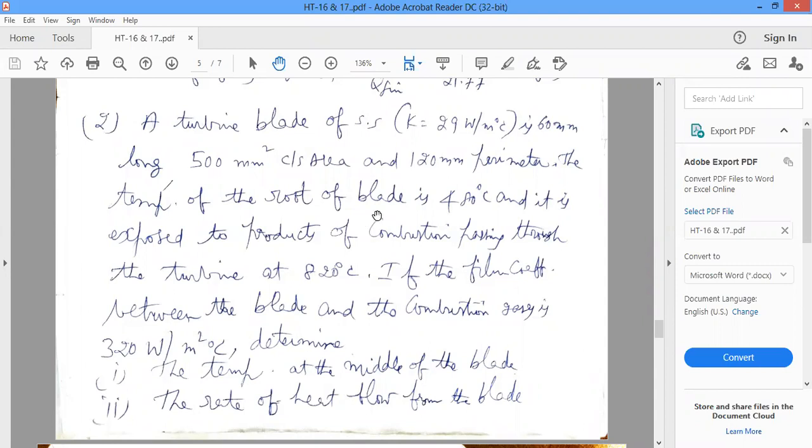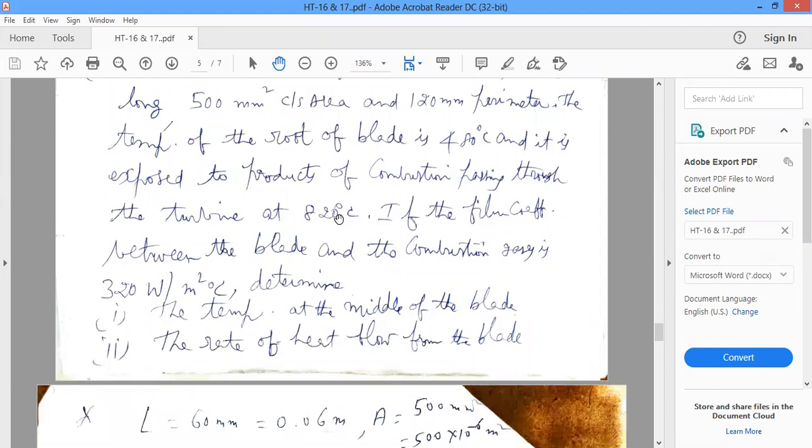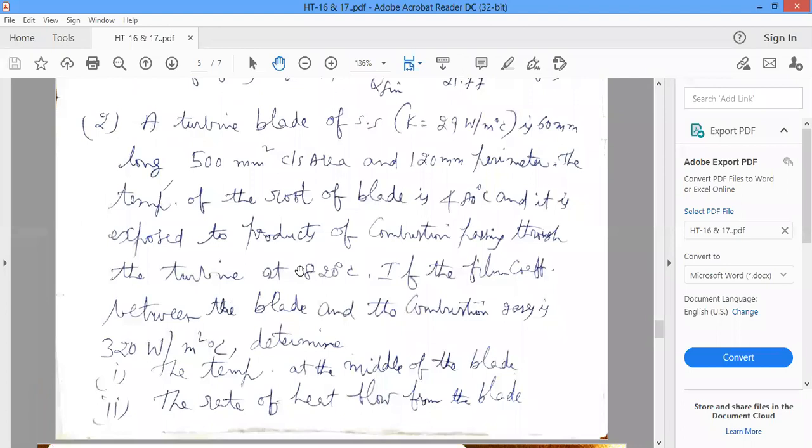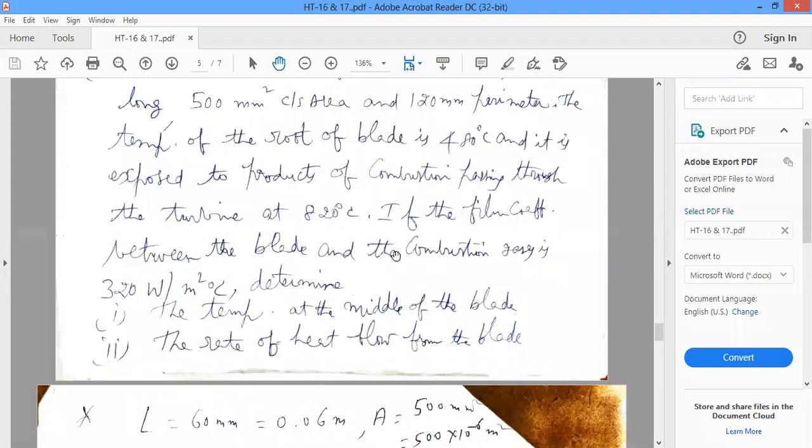The temperature at the base or root T0 is 480 degrees centigrade, and the turbine blade is exposed to products of combustion passing through the turbine at 820 degrees centigrade. That's why the T free stream value is 820 degrees centigrade. Heat transfers from the blade to the outside gases at 820 degrees centigrade, and the film coefficient between the blade and the combustion gases is 320 watt per meter square degree centigrade.